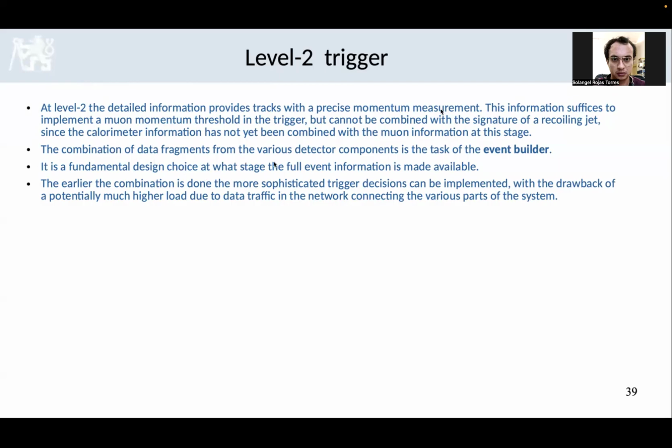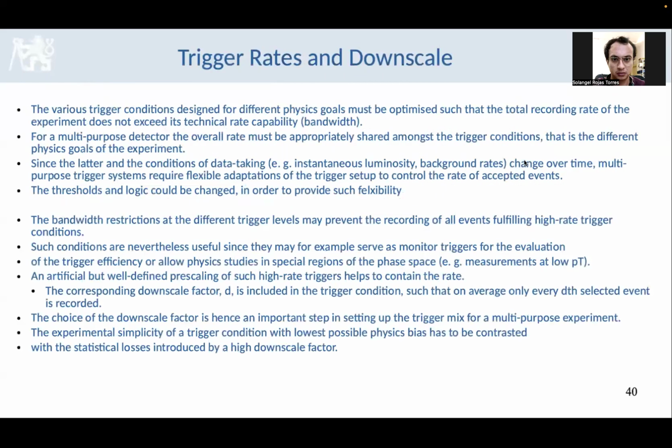The combination of data fragments from various detector components is the task of the event builder. This is a further task: you combine the information from several detectors to get an entire event reconstruction.